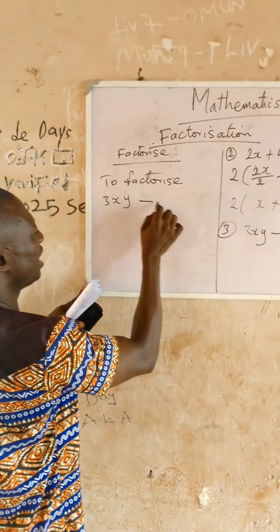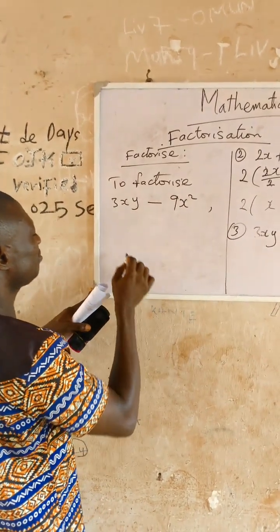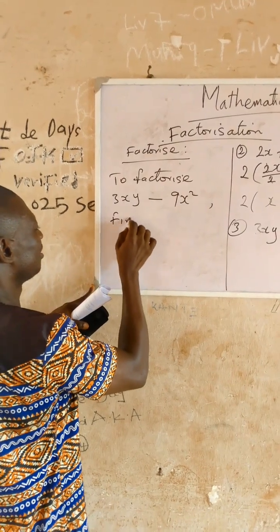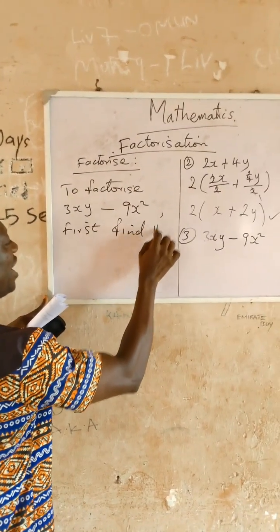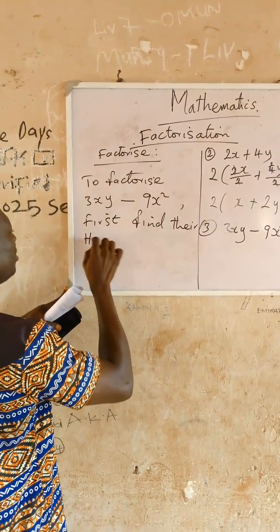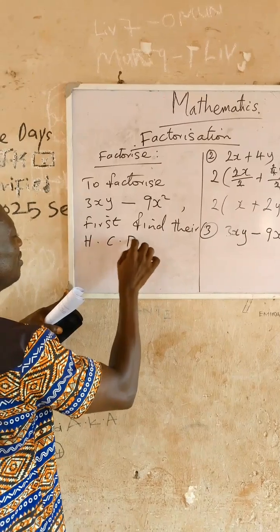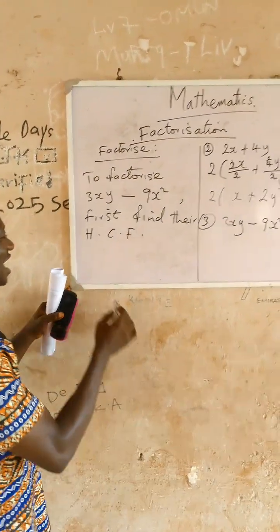3xy minus 9x squared. First, find their HCF. Yes, their HCF.